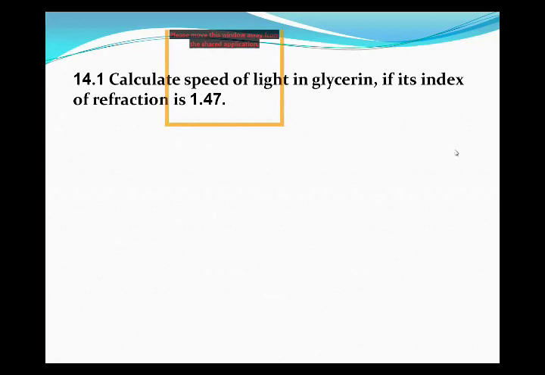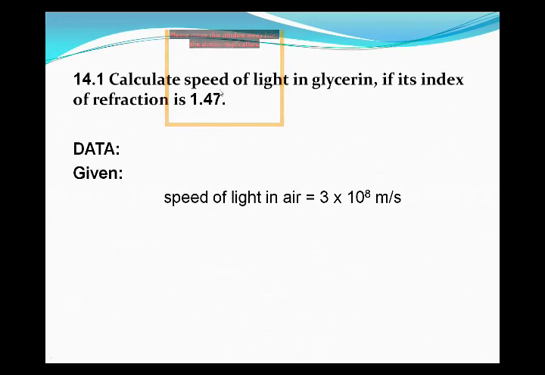To solve the numerical, first we make up the data, which is based on three things: the first is given, the second is required, and the third is the solution. Now we make the data.